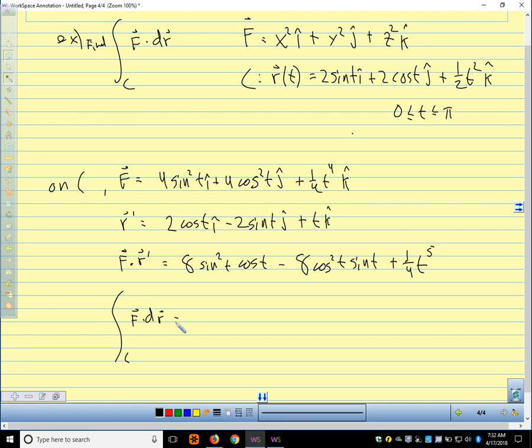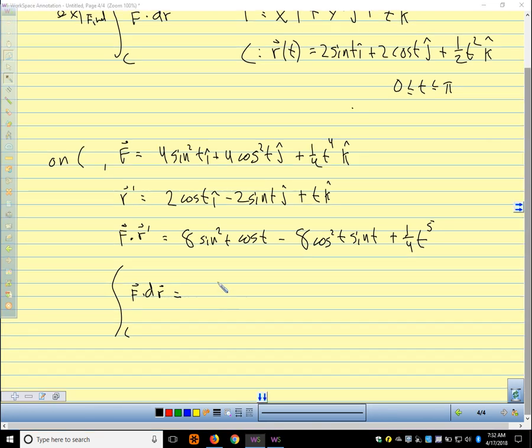When I learned line integrals, we always said F dot ds. I don't know. The integral from 0 to pi of this quantity, 8 sine squared t cosine t minus 8 cosine squared t sine t plus 1/4 t to the 5th, dt.